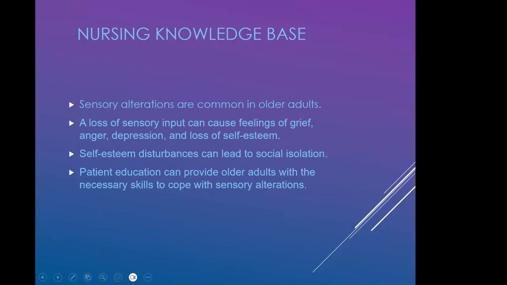Patient education can provide older adults with the necessary skills to cope with sensory alterations. With that patient education, prevention and treatment of diseases affecting vision and hearing, available social services, any type of assistive devices, and the need for annual physical examinations help provide the older patient with better coping abilities and health maintenance.